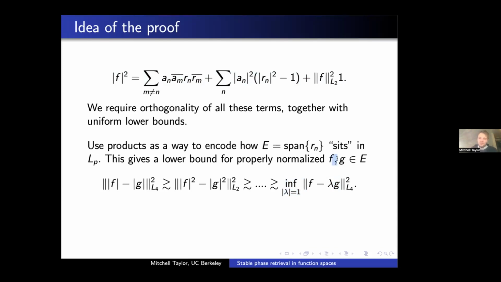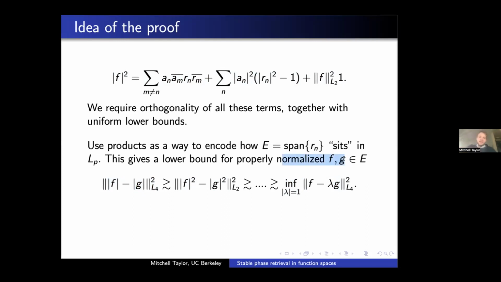It'll turn out to be an appropriate orthogonal projection, but this kind of idea does indeed work. And then that gives me a lower bound on f squared minus g squared in L2, but it will give me, of course, a lower bound on f minus g in L4 by Holder's inequality and the fact that when I do this proof rigorously, I appropriately normalize all my functions.